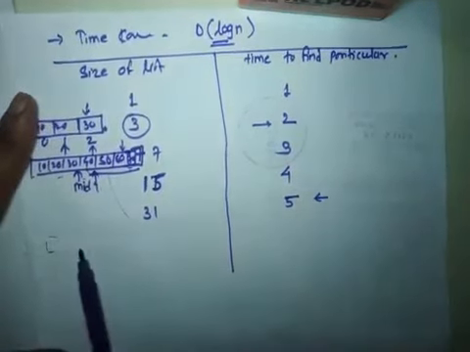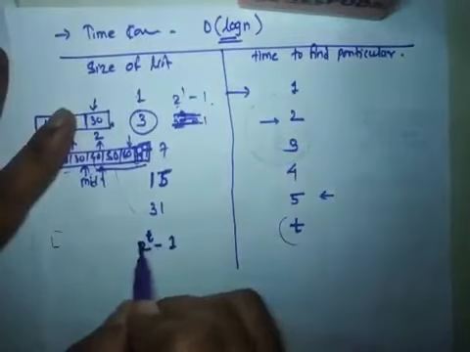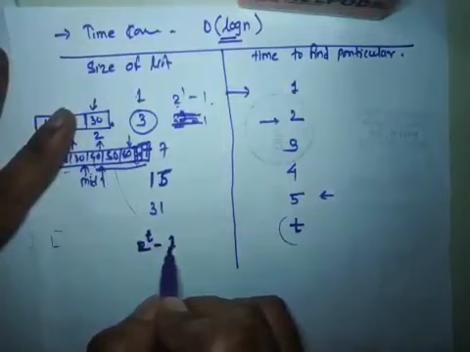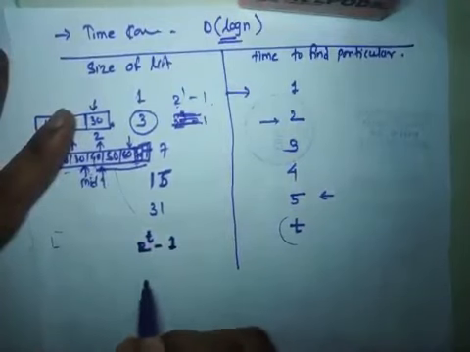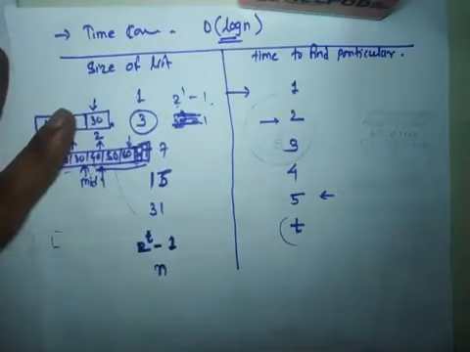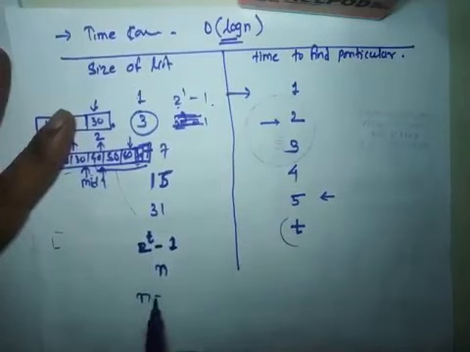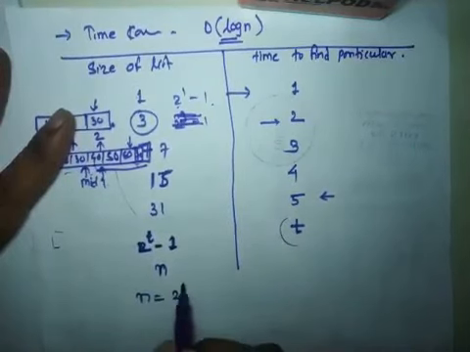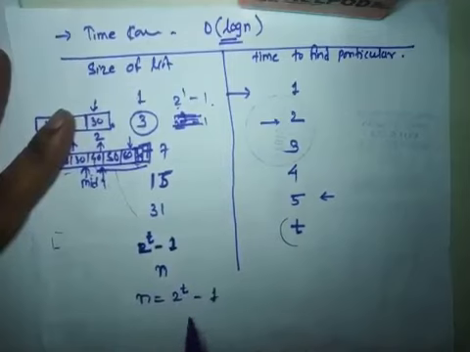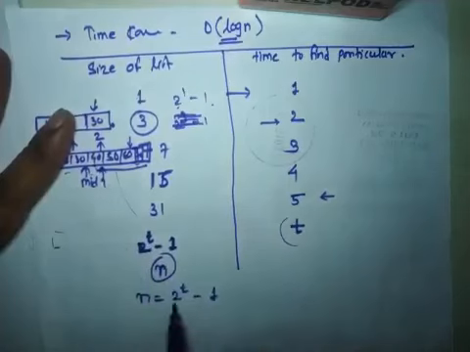So from this we get the equation: the number of elements is 2 raised to t minus 1. For n elements, n is equal to 2 raised to t minus 1.